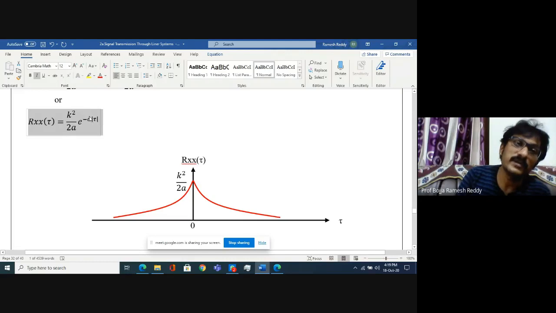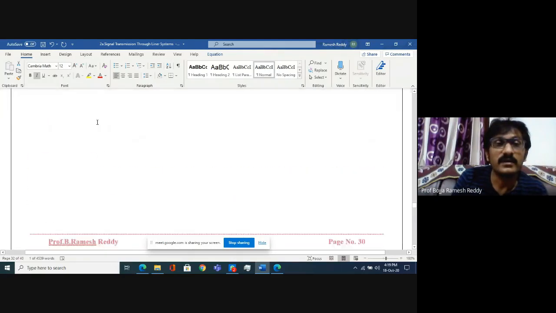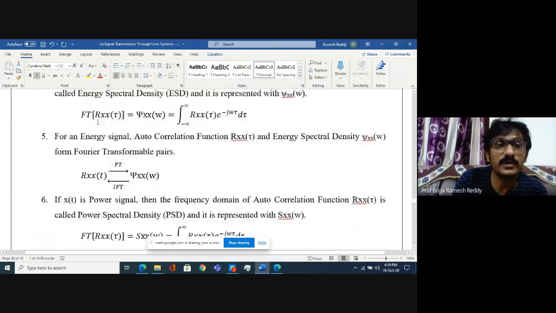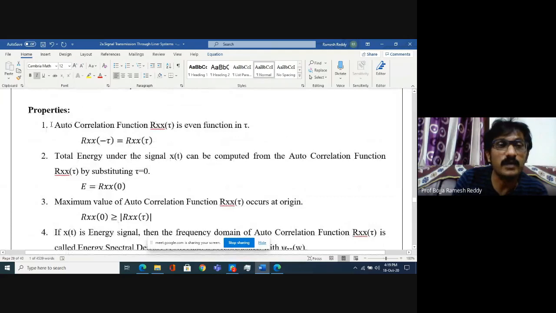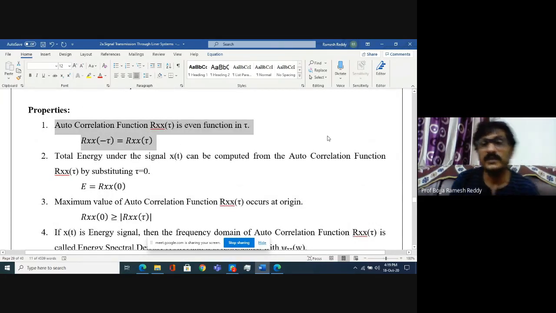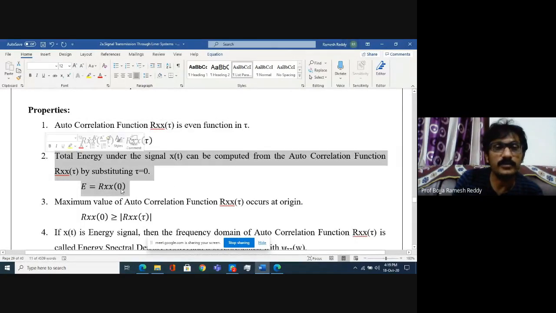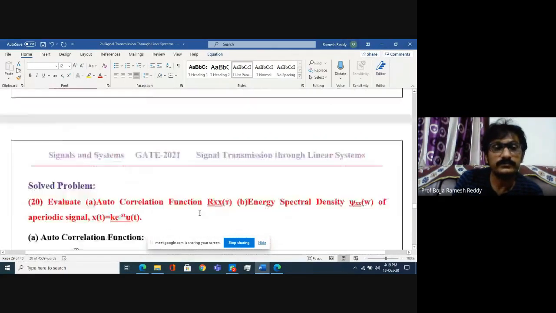Why modulus of tau? The autocorrelation function is always symmetrical about the y-axis. That is under the first property: the autocorrelation function rxx of tau is an even function in tau. It is always even, symmetric, and the total energy can be computed.